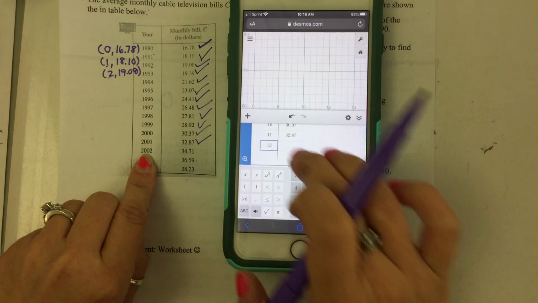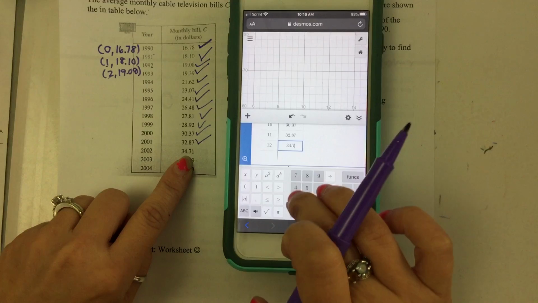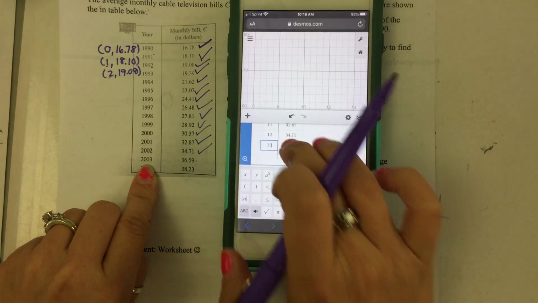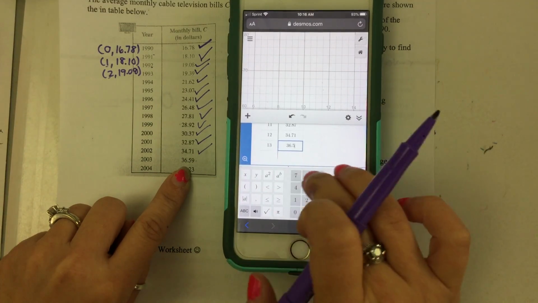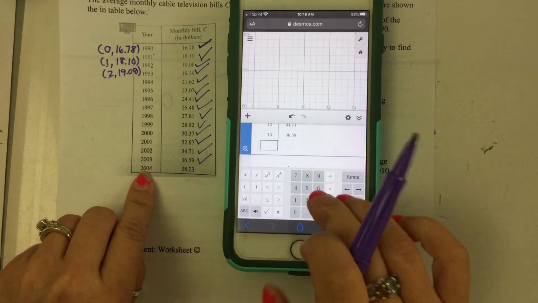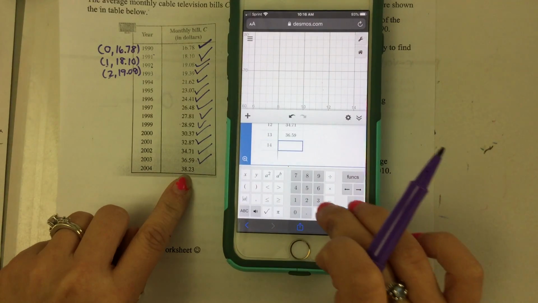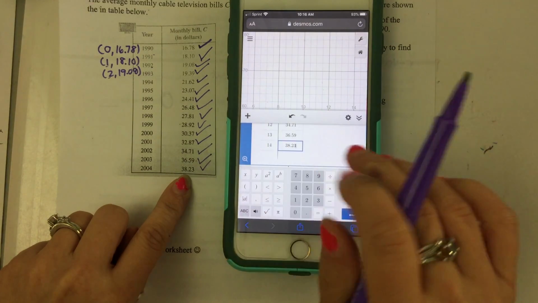Now I have 12, and it's 34.71. Check that off. 13 years after 1990, the bill is $36.59. Got that. 2004, that's 14 years. Hey, that's the last one, and it's 38.23. Check.